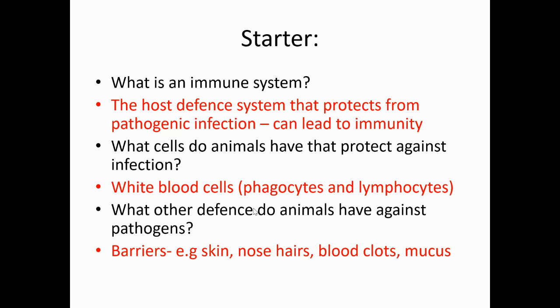Blood clots, which will then, if we do get a cut, a breach in our skin barrier, if you will, block that up. And also we have lots of mucus, which not only just in our noses but down in our lungs as well, which will help catch the pathogens before they can infect us. So hopefully this is the information from some previous topics that may be useful in today's lesson.